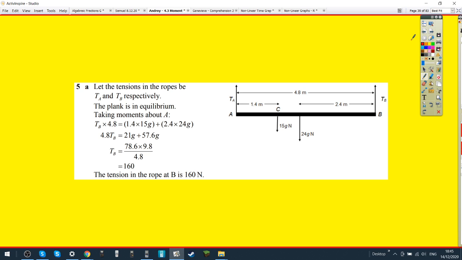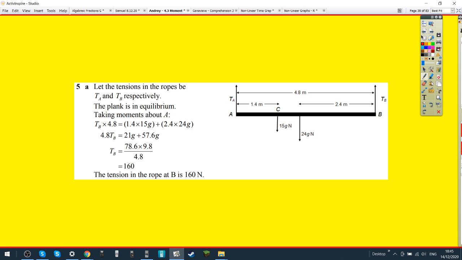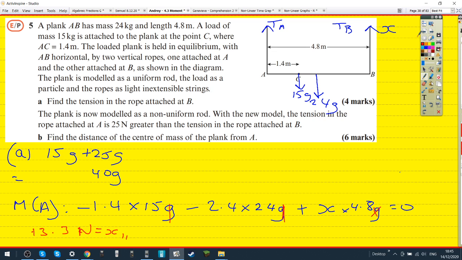But it's the only one that doesn't have G. 1.4 times 15G, 2.4 times 24G.